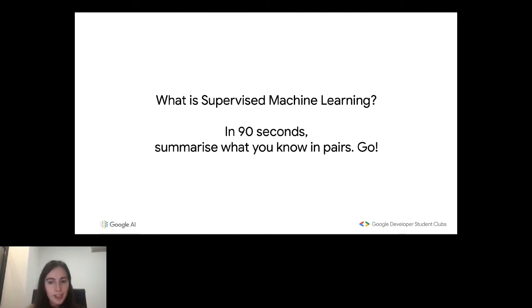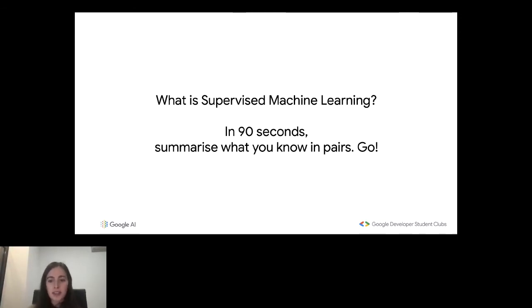I see no one writing yet. Do you remember what it is? Does someone remember what supervised machine learning is? Okay, we have a first answer: label the training data with the desired output.